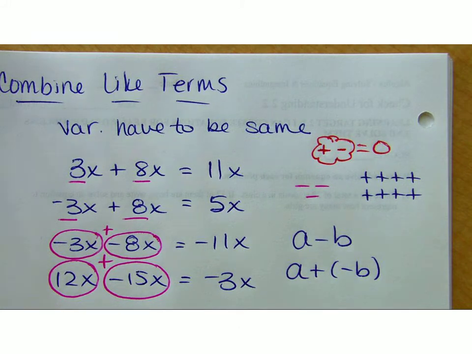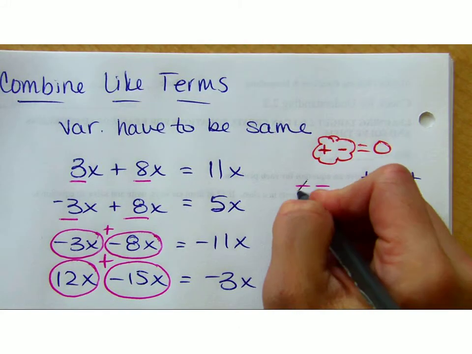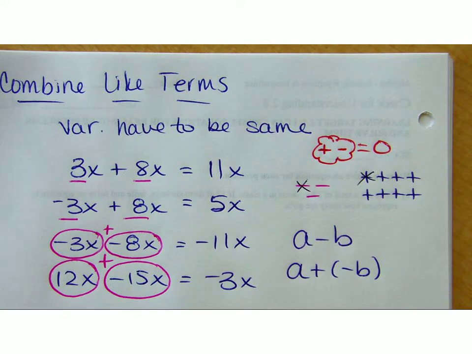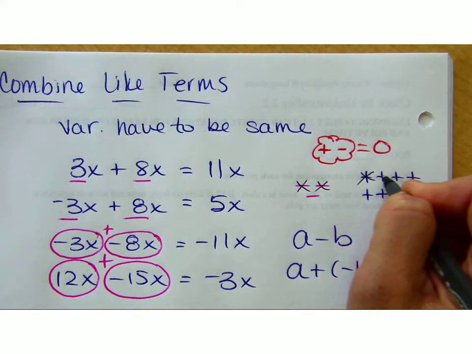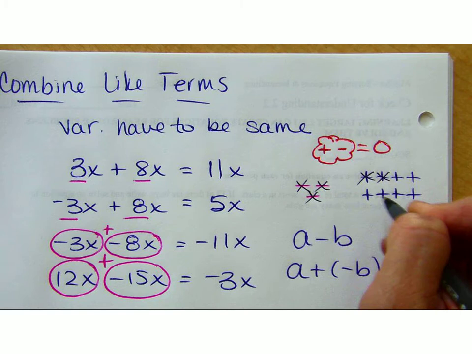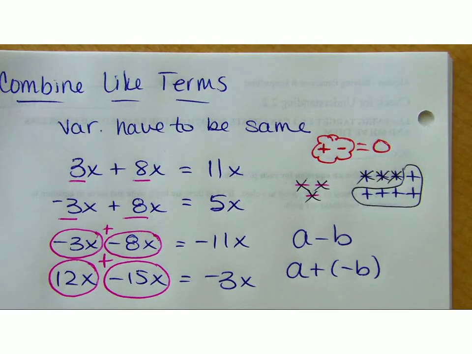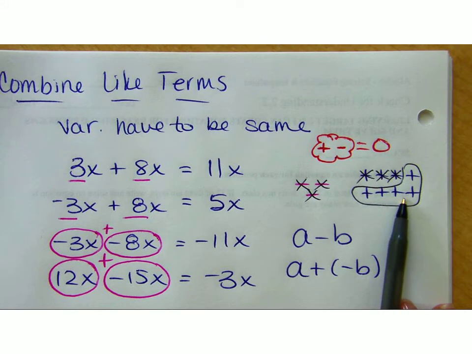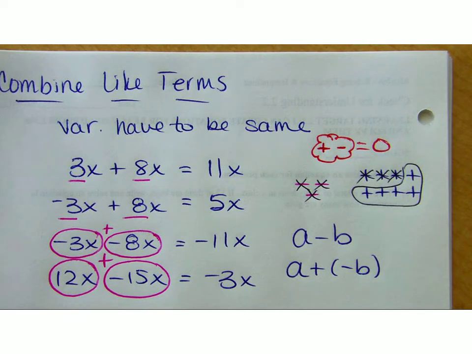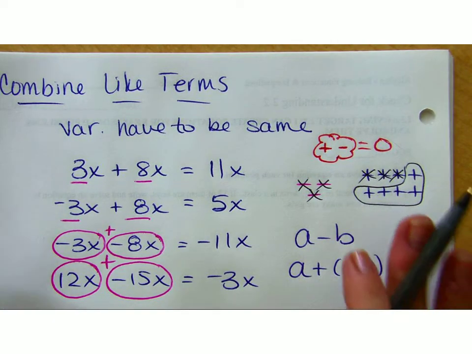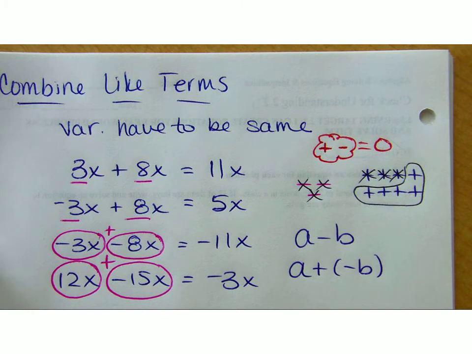So could I say, well, this negative can cancel this positive, and this negative can cancel this positive, and this one, and I can only do it 3 times before I'm left with 5 positives left over, which is why they always say take the sign of the larger, right? Because that's what there's more of. Okay, that's very basic. I'm assuming you didn't even make it this far without at least knowing that.